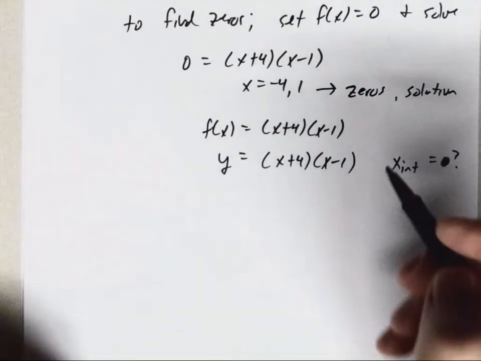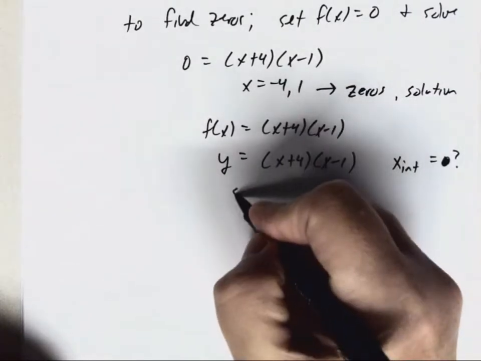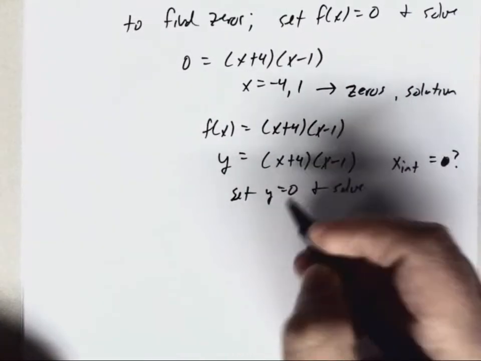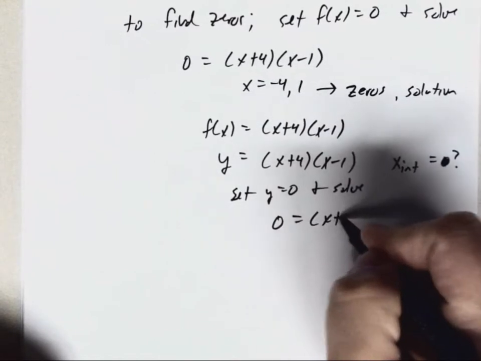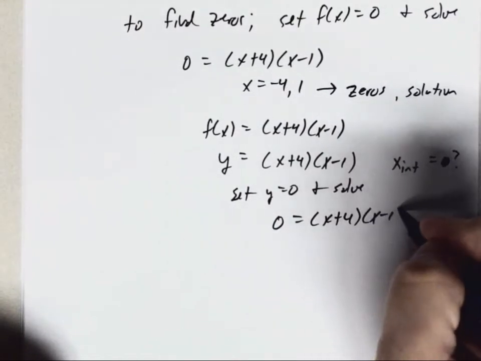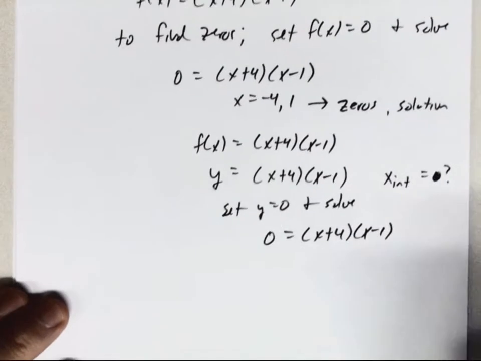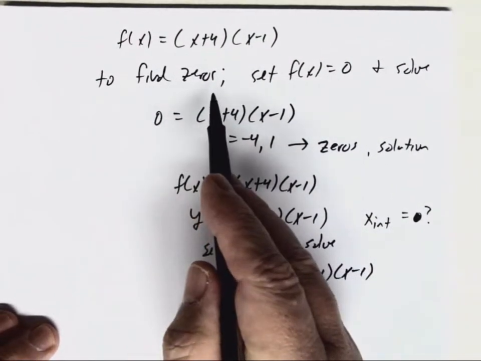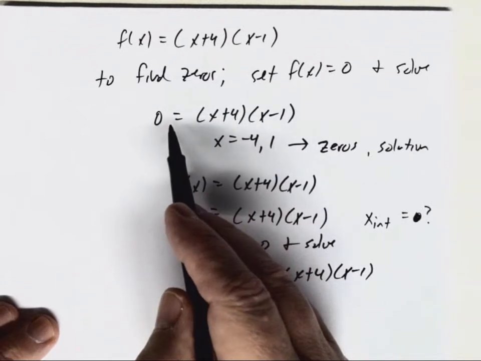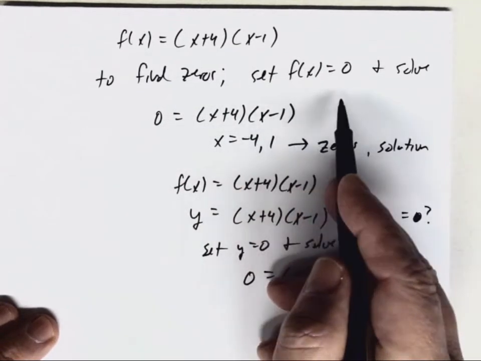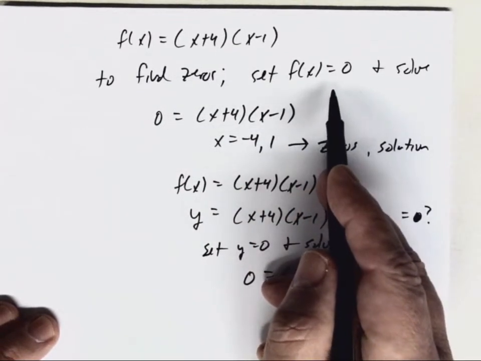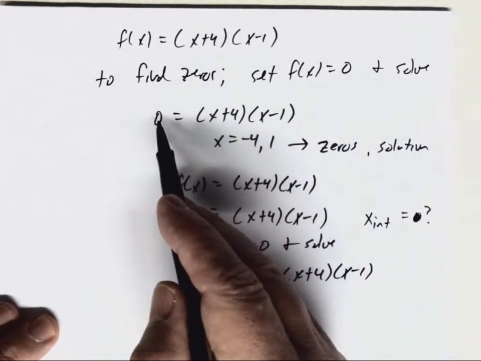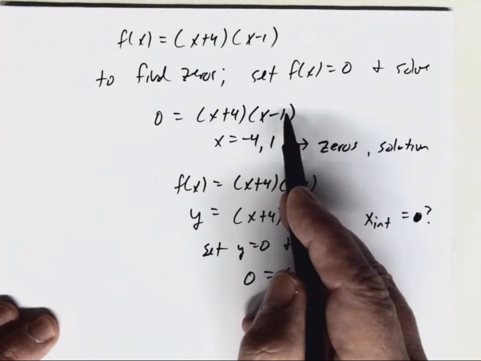We would set y equal to 0 and solve. What did we just do up here when we were finding the zeros? We said we were going to set f of x to 0. Well, f of x and y are the same thing. So to find the zeros, we set f of x to 0 and solved it.